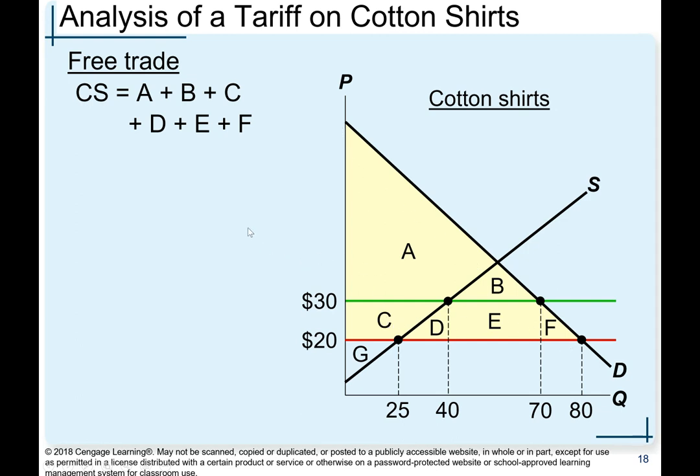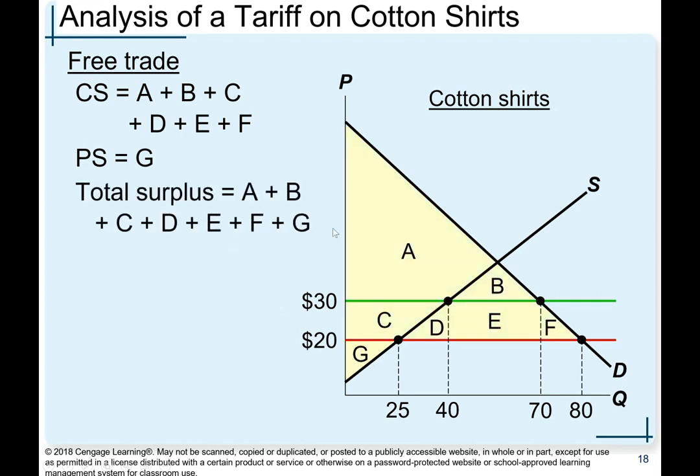But producers are not happy because the producer surplus is only G. Remember, producers are not happy when prices are low. There is foreign competition, so they can't compete with foreign goods. So the total surplus is A, B, C, D, E, F, G.